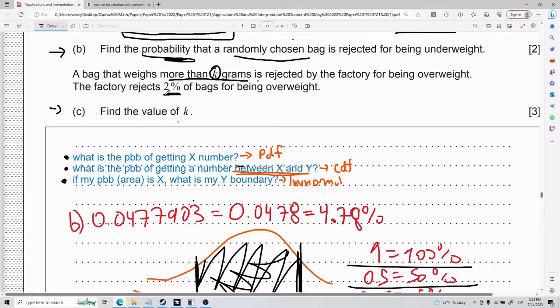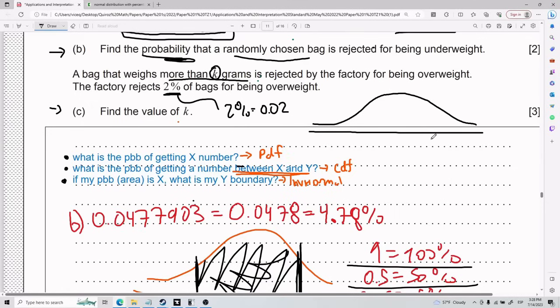What is the area? Area has to do with probability: 2% of bags, or 0.02, get rejected for being overweight. If I imagine my distribution, we have this 2% being way at the very top.